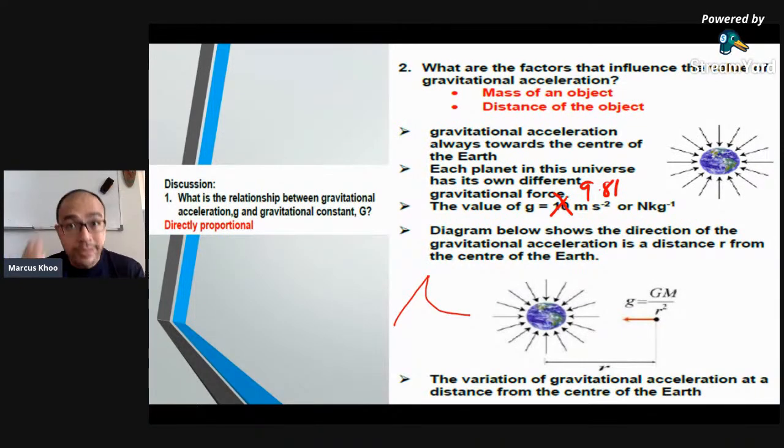You still have a gravitational acceleration, except that it gets smaller and smaller the further you are away from the Earth, until a certain point where you can't feel the gravitational pull anymore. That's the thing that we studied in the first class.